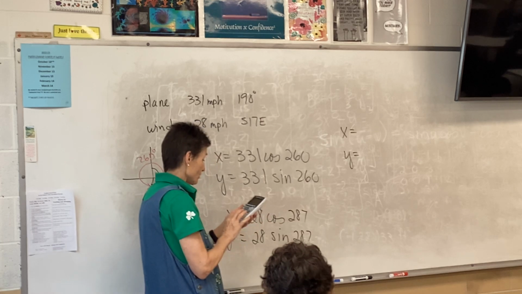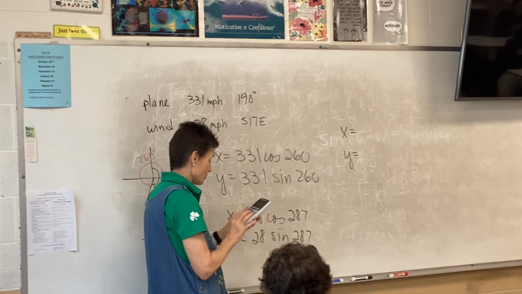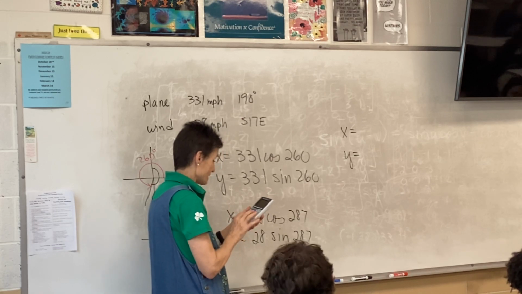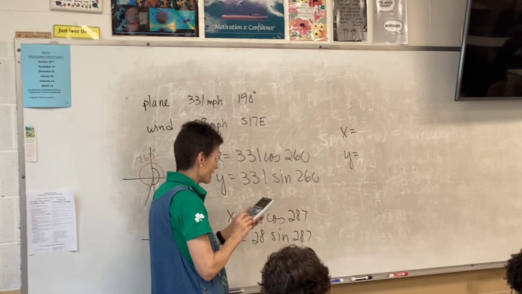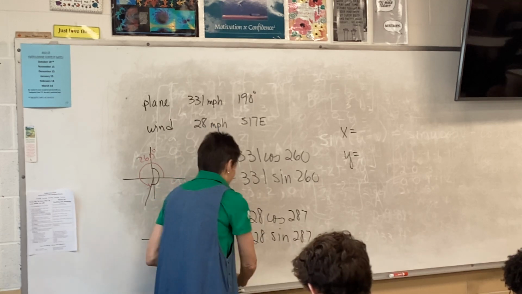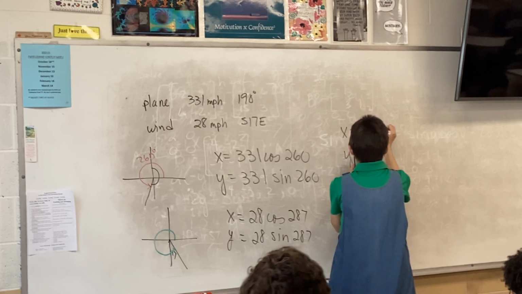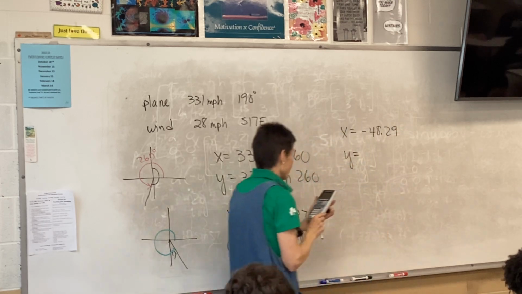So 331 cosine 260 close parentheses plus 28 cosine 287. For x, I got negative 48.29, but I'm going to let you double check that.